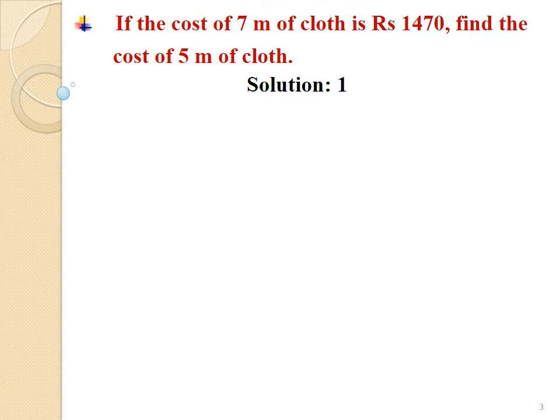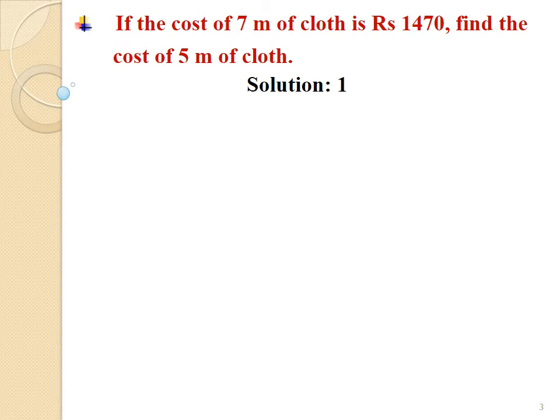Students, in this question, we have to find out the cost of 5 meters of cloth and we have been given the cost of 7 meters of cloth, which is rupees 1470. Students, so in order to find the cost of 5 meters of cloth, we will use unitary method.